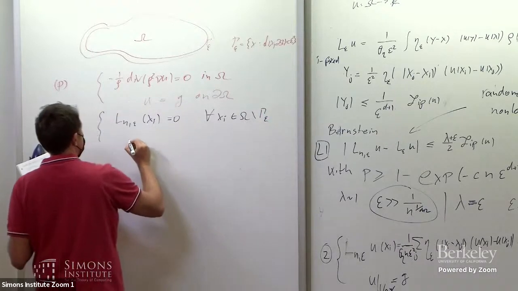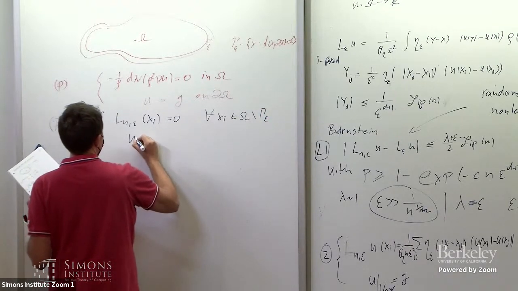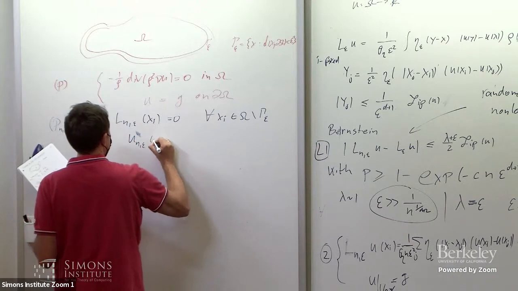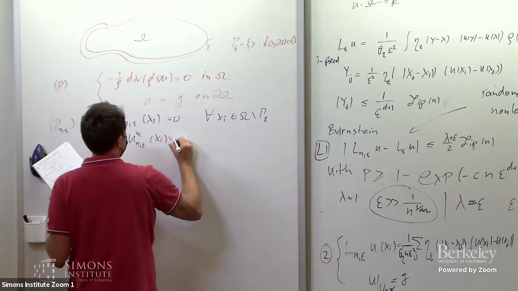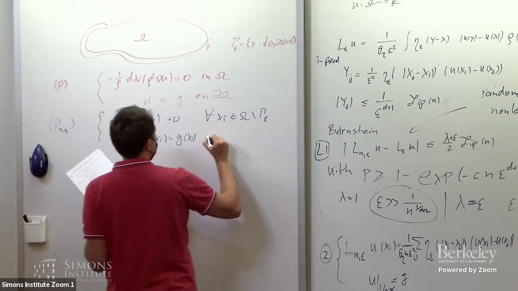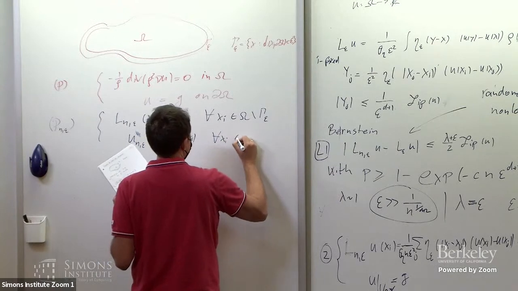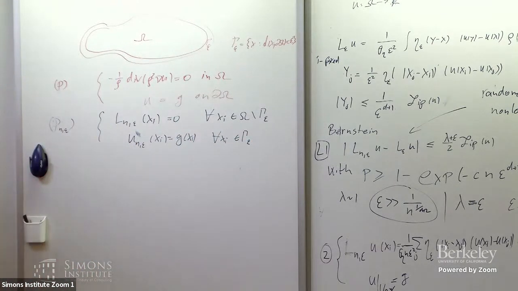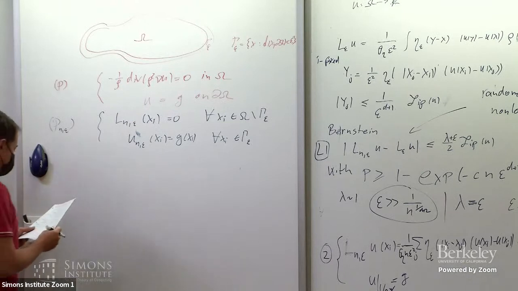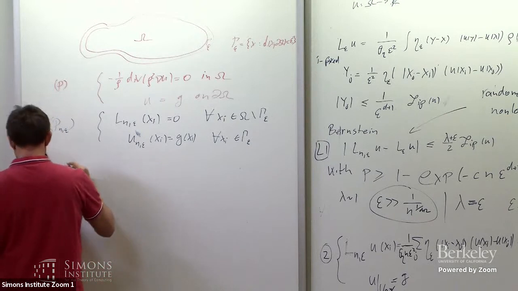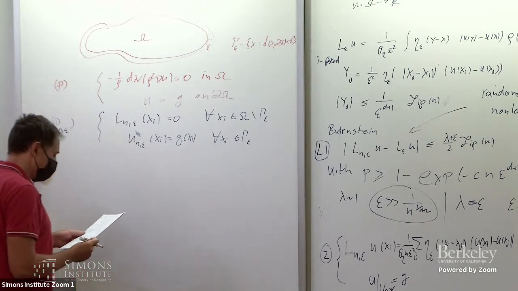And I have that u epsilon of xi is equal to g at xi for all xi lying in gamma epsilon. Okay, and so if we have this, then we can write the following.